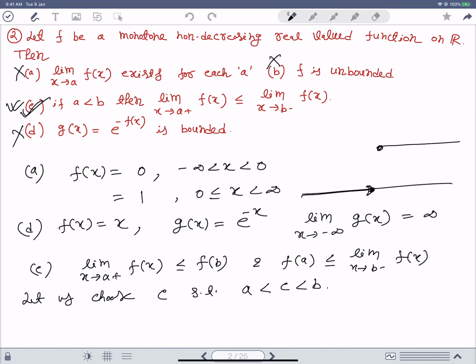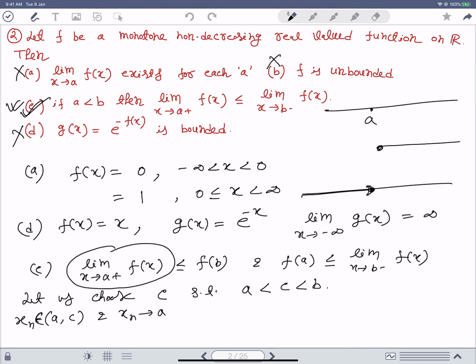Now, what is my right hand limit of this? So take the interval (a, c). Now, if we take any x_n from this interval (a, c) and x_n converges to a, so this is my a, this is my c, this is my b.